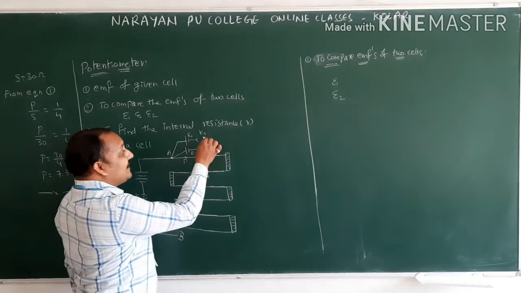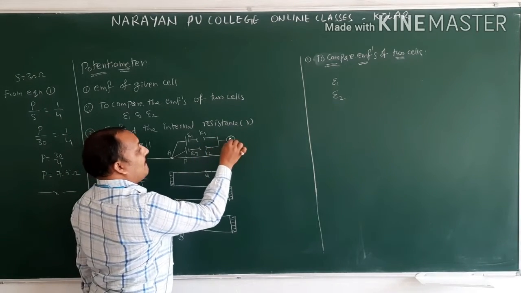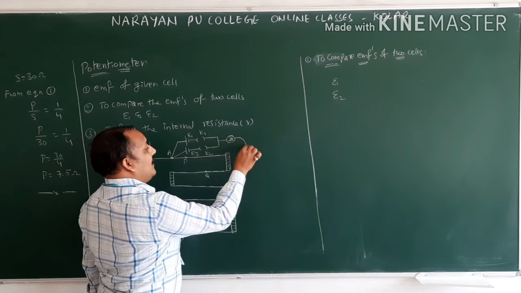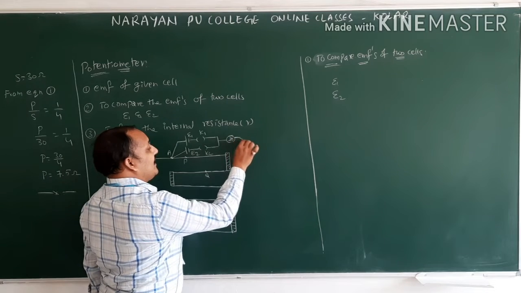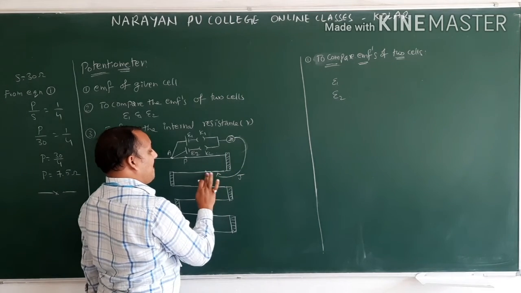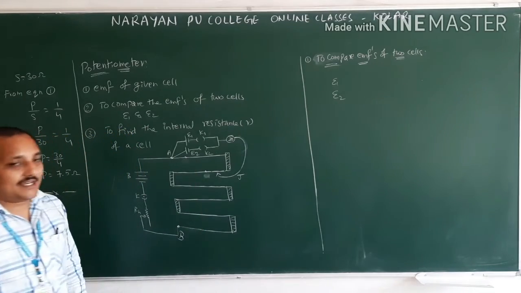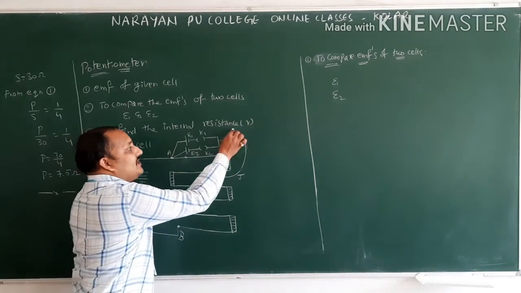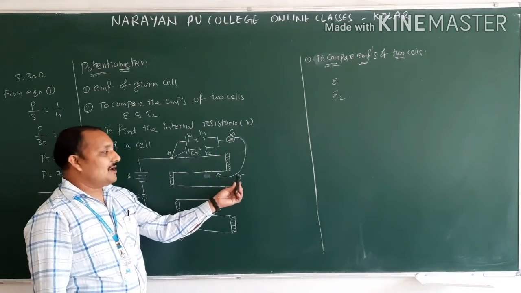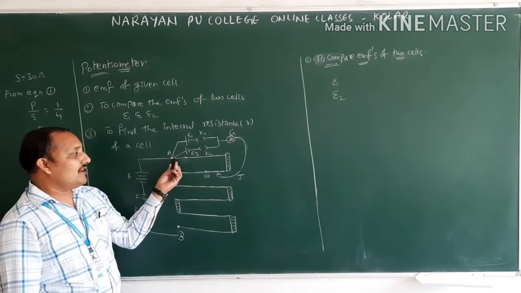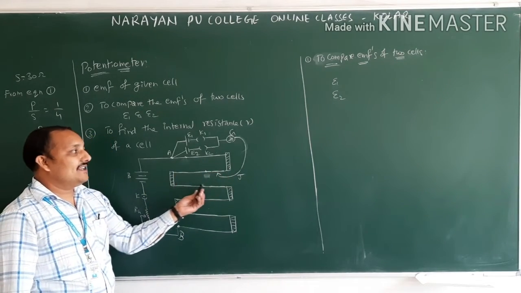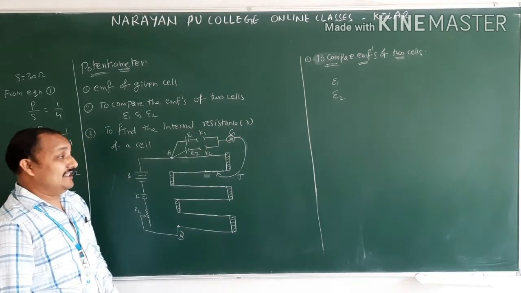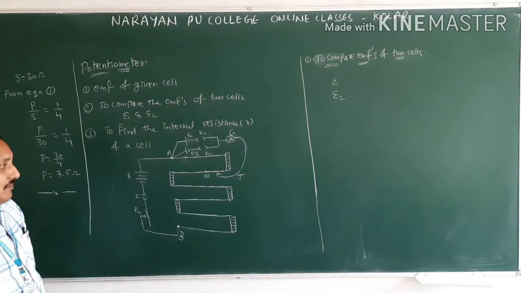Now both are connected. Then one galvanometer, and the second end of the galvanometer is connected to the jockey J. We have to move this jockey on the potentiometer wire until we get the null deflection in the galvanometer. Null deflection means zero deflection in the galvanometer. This is the process of working.